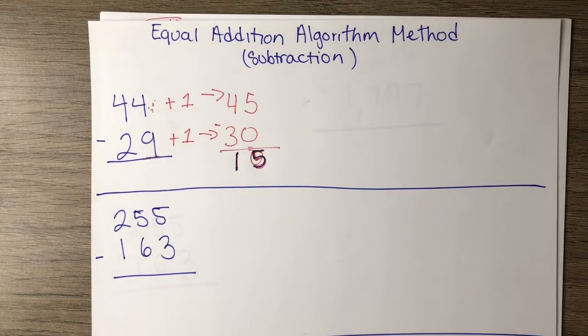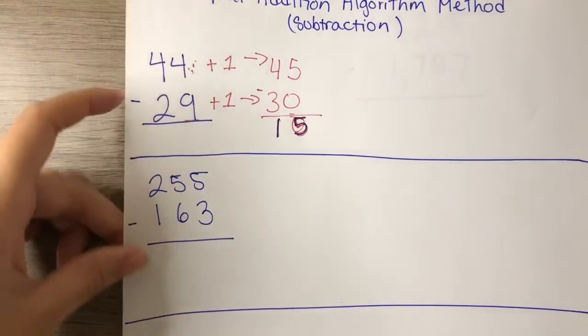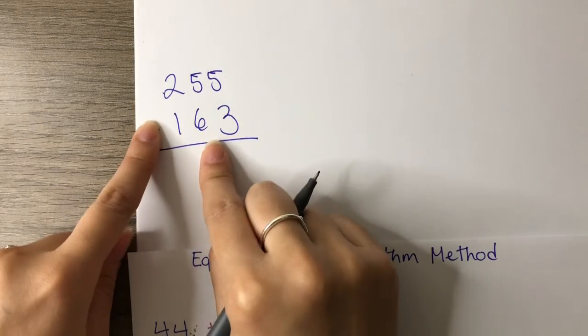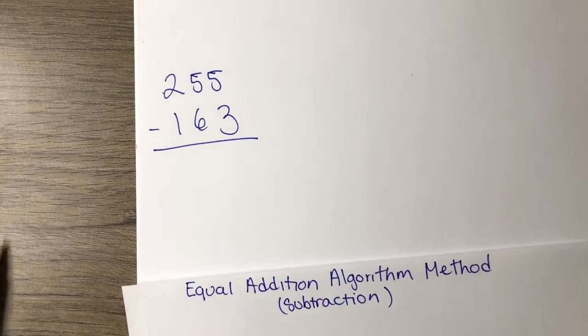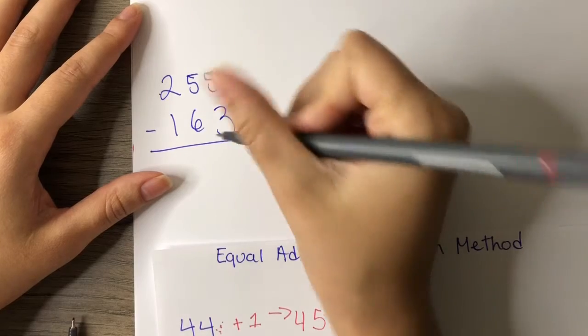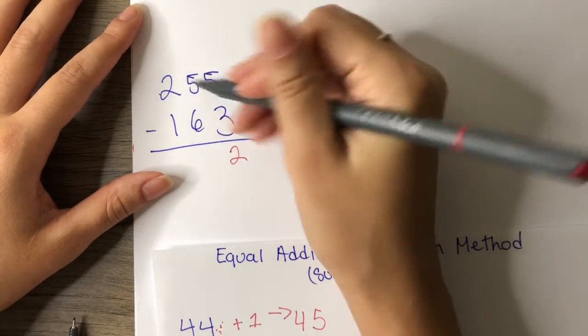Now we're going to try it again, but with a much more difficult problem. Again, I'm going to show you the regular way to do this. Here we have 255 minus 163. Here's how we would do it with the traditional method. 5 minus 3, we can do that. That's 2. But then 5 minus 6, we can't do that one. That's hard.